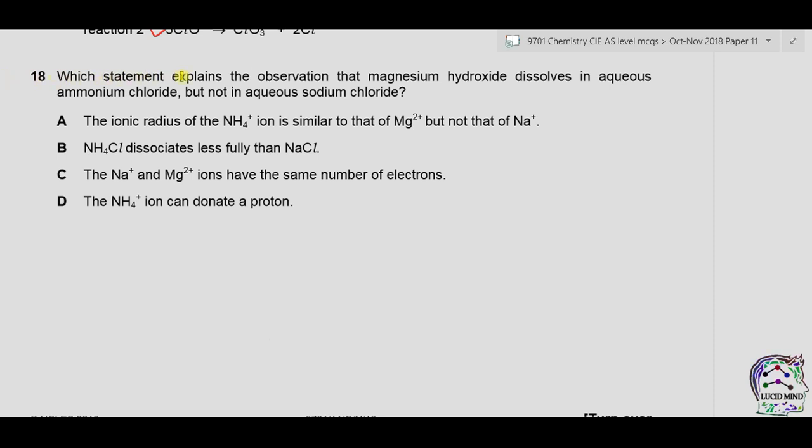Question 18. Which statement explains the observation that magnesium hydroxide dissolves in aqueous ammonium chloride but not in aqueous sodium chloride? For the reaction of magnesium hydroxide with aqueous ammonium chloride, you should remember that ammonium salt reacts with alkali to form salt, water, and ammonia.